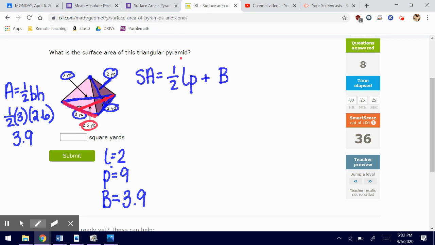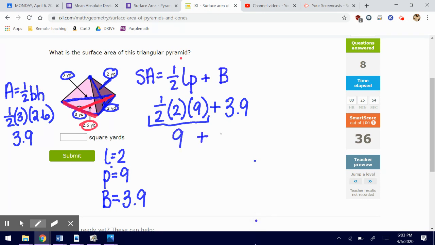So now I'm ready to substitute in my values. I bring down my 1/2. My L is 2. My P is 9. Bring down the plus sign, and my capital B is 3.9. I'm going to type this part into my calculator, or you probably can do it in your head. 0.5 times 2 times 9 is 9.